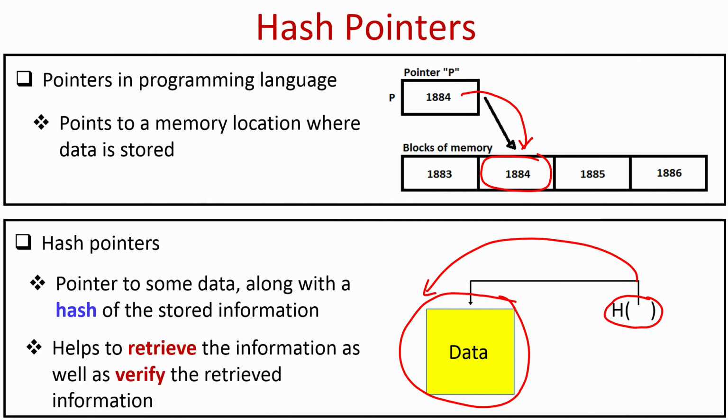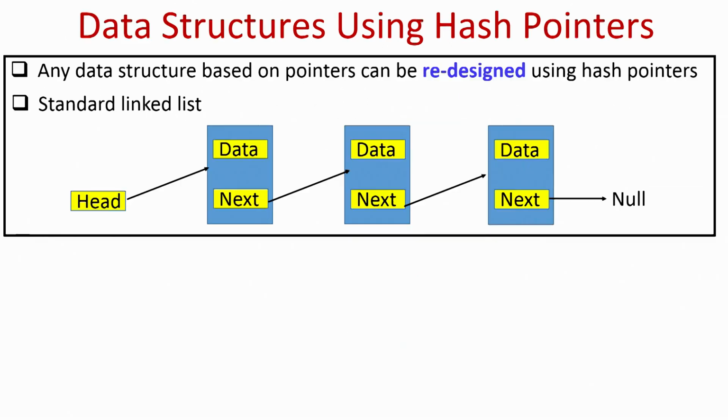The advantage of this hash pointer is that by following it, you can retrieve the data, and once the data is retrieved, if you want to verify whether you have retrieved the right data or not, you can hash it again and compare it with the hash value which is stored along with this pointer. So, that is the extra property available with the hash pointer compared to traditional pointers.